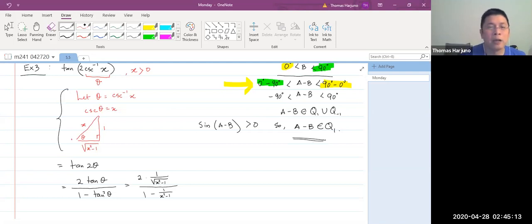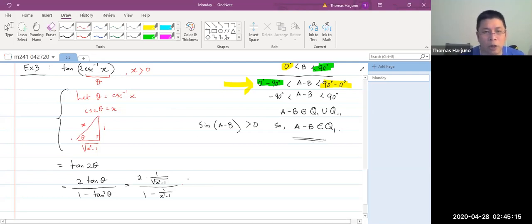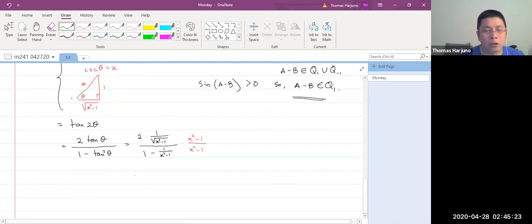Multiply by the LCD, x squared minus 1. I will get on the top 2 times square root of x squared minus 1. At the bottom, I get x squared minus 1 minus 1.